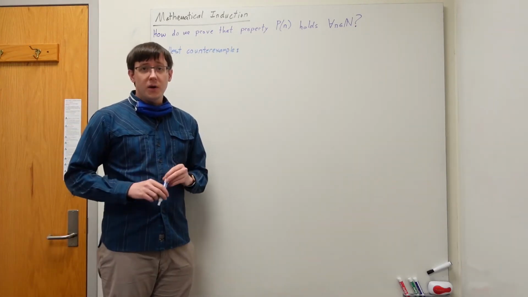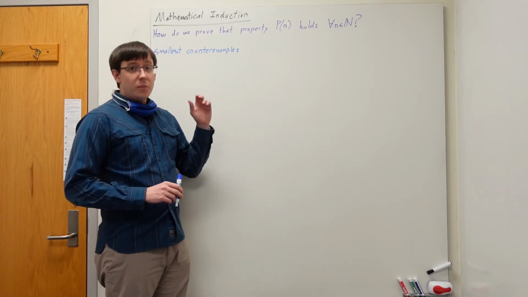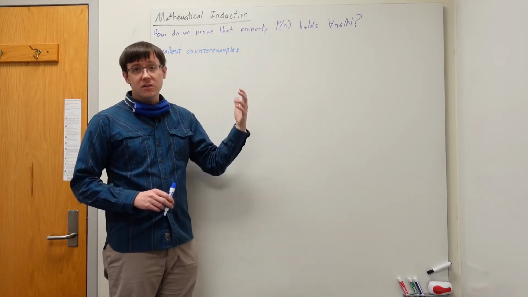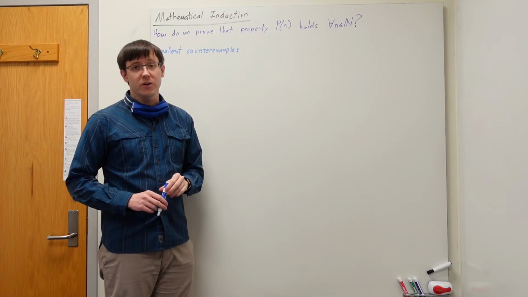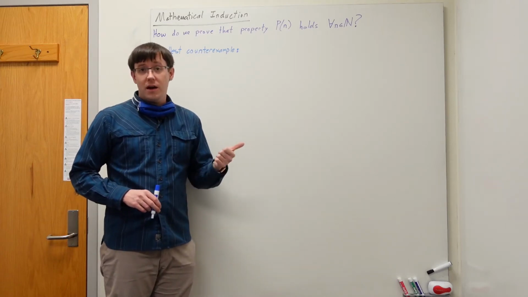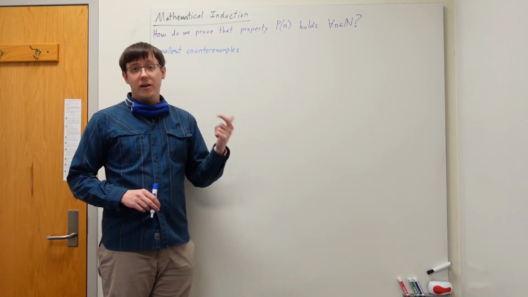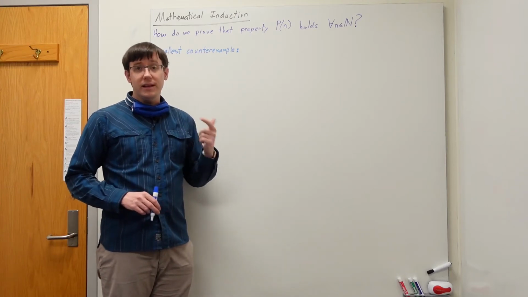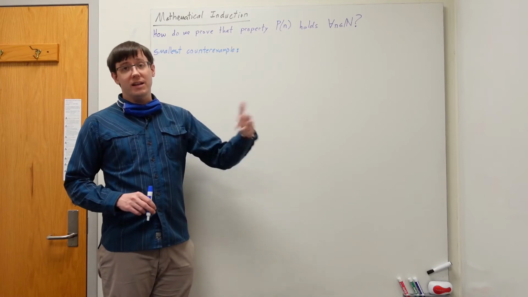If we think about our smallest counterexample template, we start by hypothesizing the existence of some smallest counterexample, and then we need to show, first, that our counterexample isn't 0, and then, if our counterexample isn't k minus 1, then it's also not k.